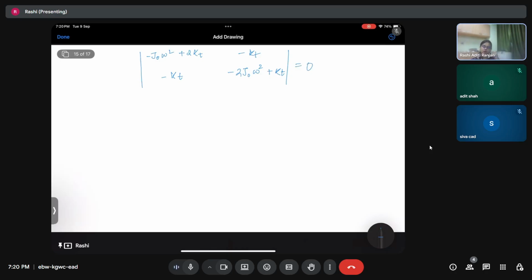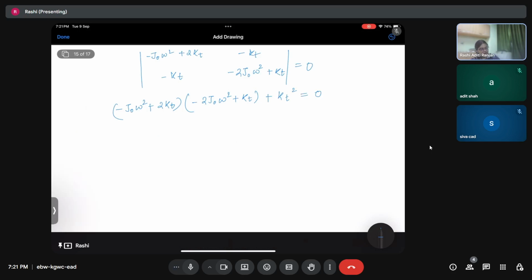Okay, we need to find out the solution for this. Now what we'll do, we'll multiply: (minus J naught omega square plus 2 kt) into (minus 2 J naught omega square plus kt) minus kt square equals 0.